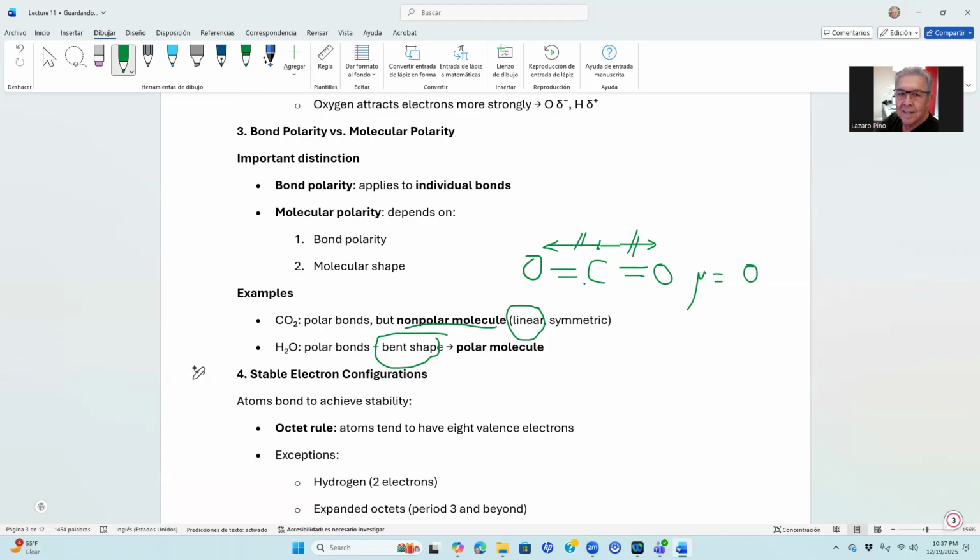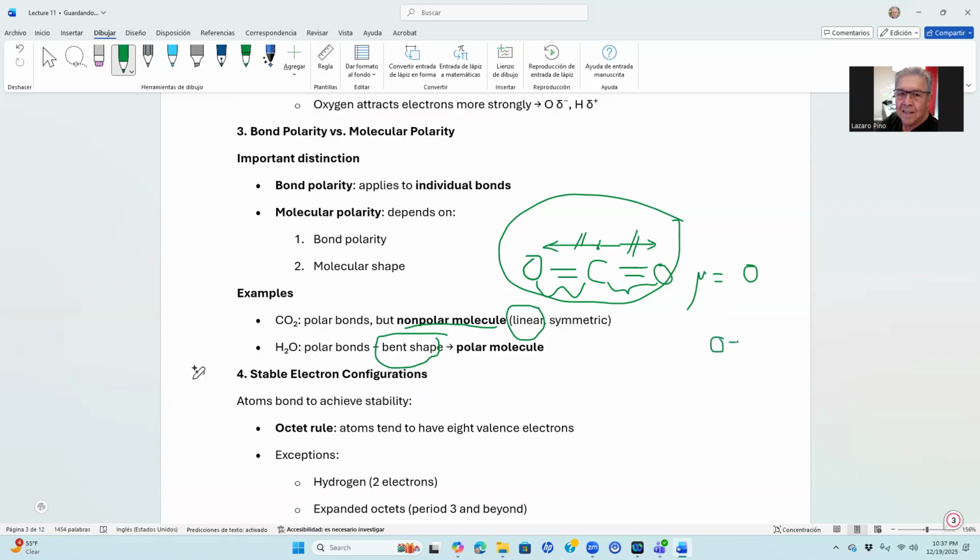Even though this bond and this bond are both polar, the whole molecule, because of the shape, is non-polar. While in water, well, look at this.